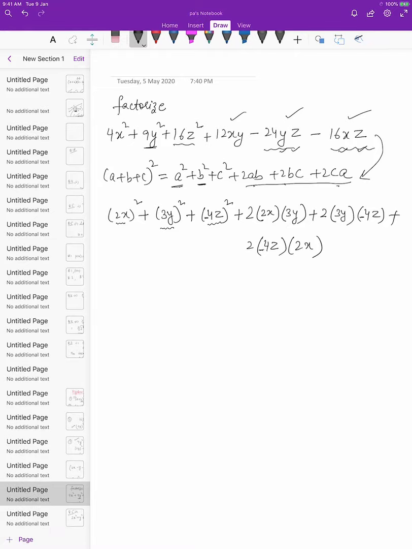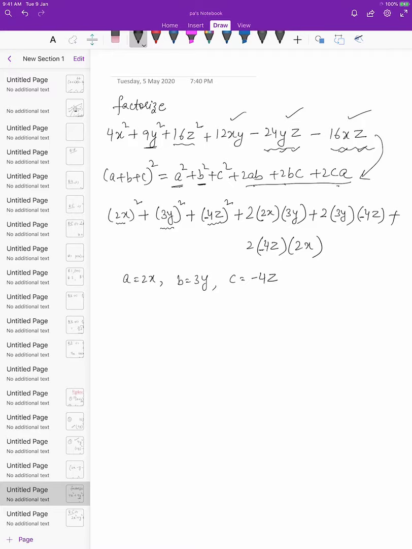So what is our a, b and c in this case? Now a will be 2x, b will be 3y and c would be −4z. So minus sign automatically we have introduced here. Initially don't bother about the minus signs. First write everything in positive.